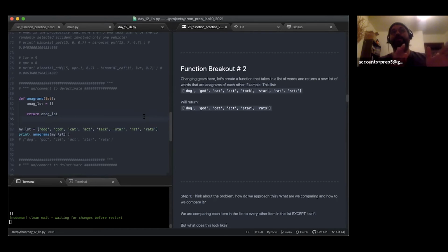And for now, don't worry about it if your answer ends up comparing a word to itself, we can handle that as a case in a second. But how do we compare everything in a list to everything else in a list? Iteration. What's that iteration going to look like?